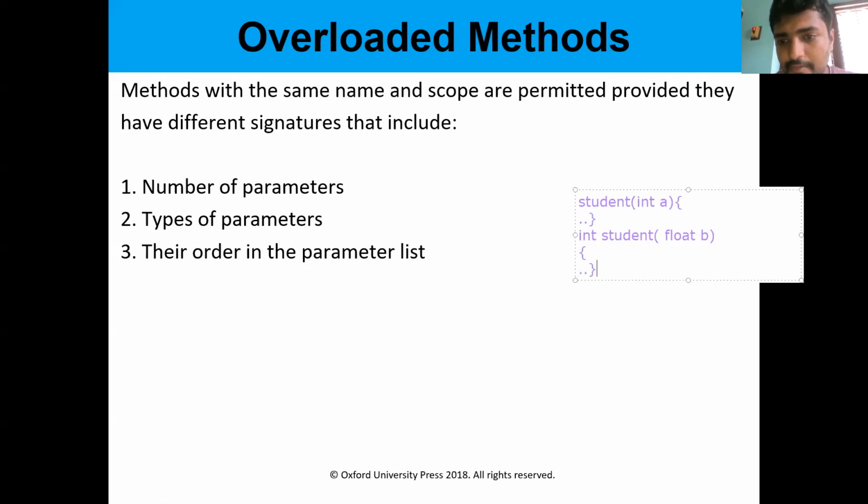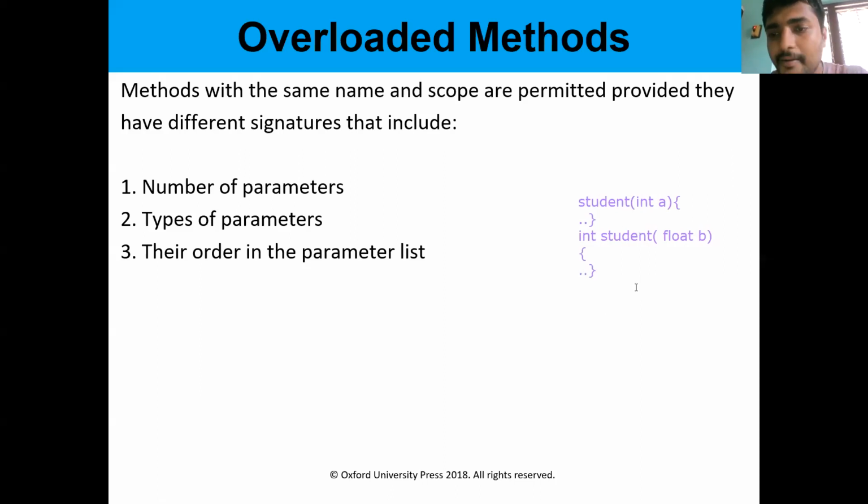This is method overloading, because the method name is the same but the parameters are different. There is no return type here, and here there is a return type. This type of implementation is called method overloading.